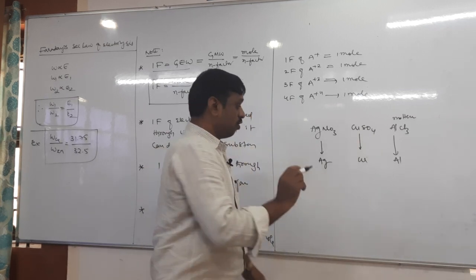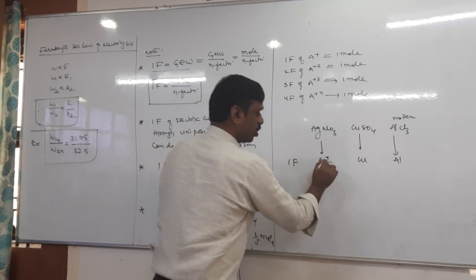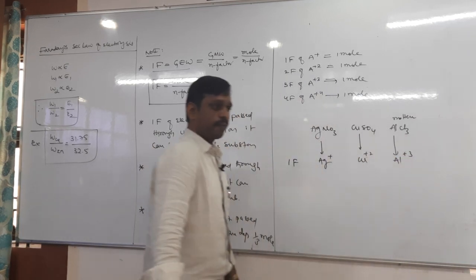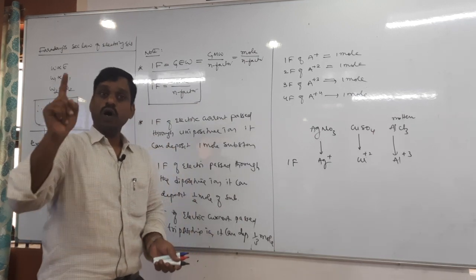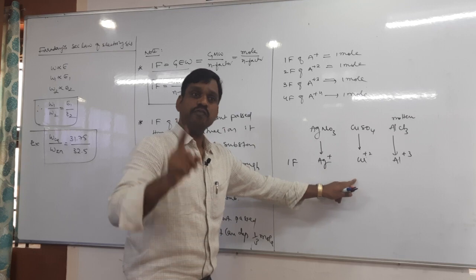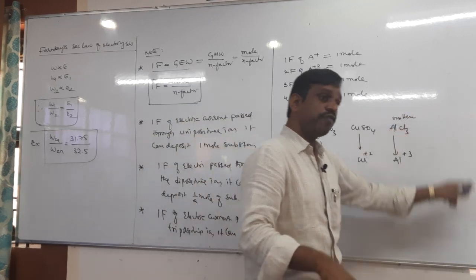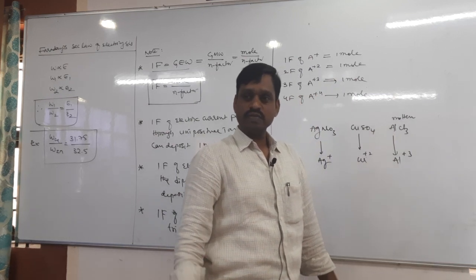Now the question is, when 1 Faraday of electric current is passed, it is unipositive, dipositive, tripositive. So 1 mole of unipositive, half mole of dipositive, 1/3 mole of tripositive and 1/4 mole of tetrapositive ions are deposited, yes or no?